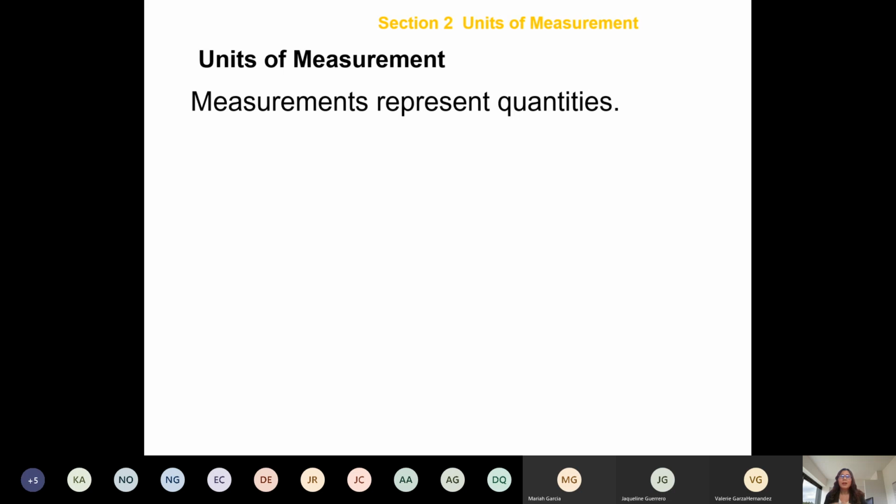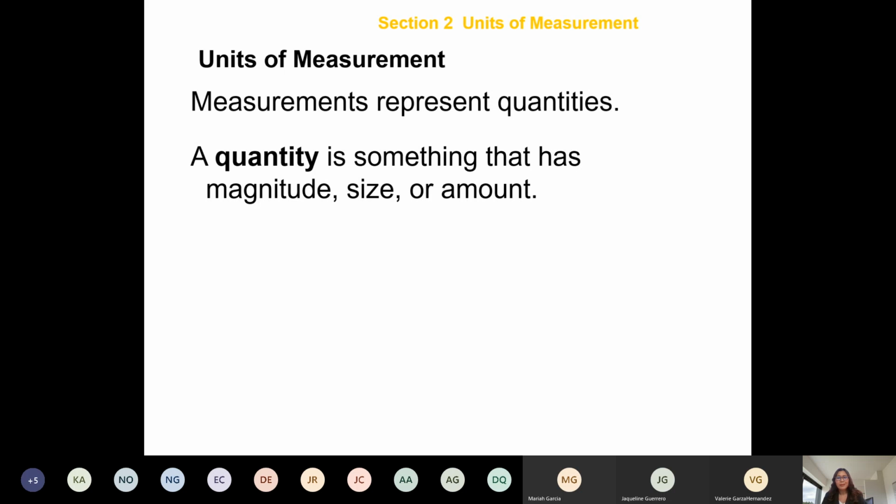Measurements are basically to represent that specific quantity, and you can represent time in those measurements. Seconds, weeks, days, hours, months, okay? So a quantity is something that has a magnitude, a size, an amount. So time is an amount, right? You can measure it in different ways, but it is something that we can measure.